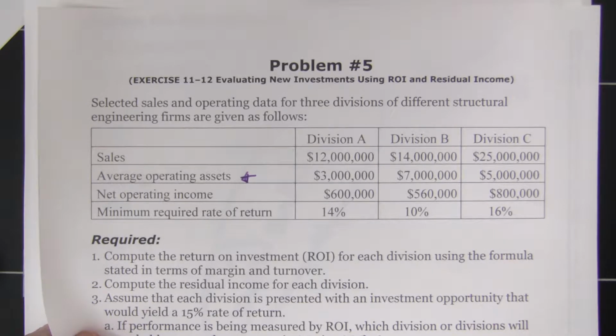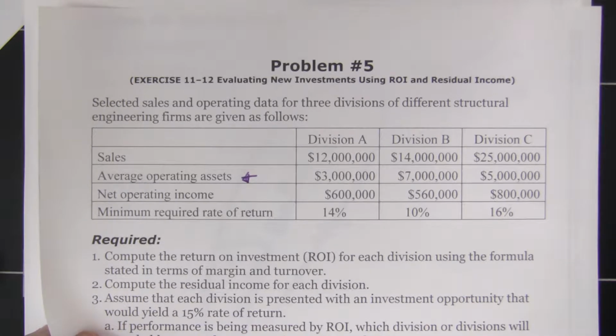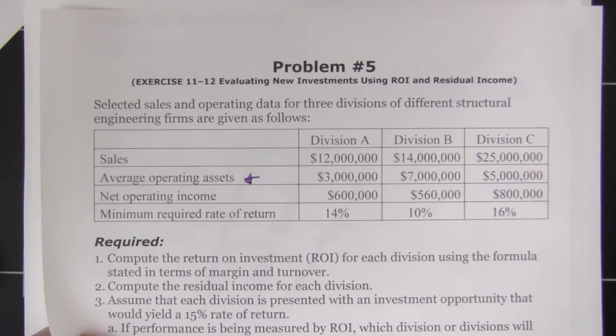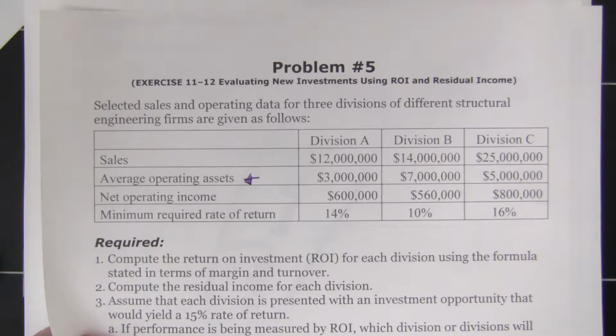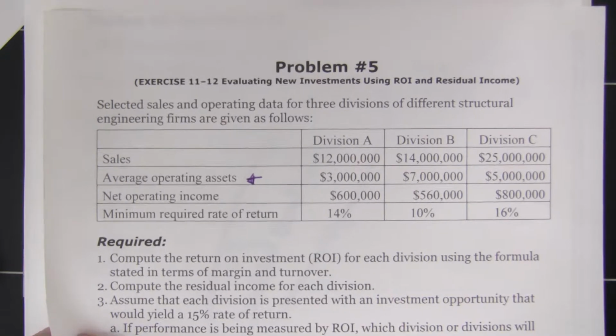That gets to be a bit troublesome, but that's your finance class. You'll worry about that later. Right now you're learning the basics. They give us the average operating assets, we say thank you, and we move on. Same with sales, same with operating income. We're just taking their numbers and doing the calculator dance.